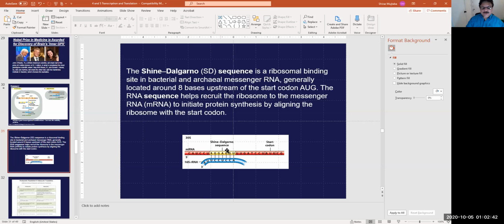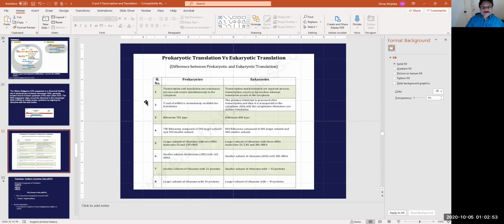So Shine-Dalgarno is a specific signature sequence for bacteria that helps mRNA and rRNA to interact with each other on the surface of the ribosome. And this will be the beginning, but here I would end this chapter, transcription, and then the next recording will be on translation. Okay.